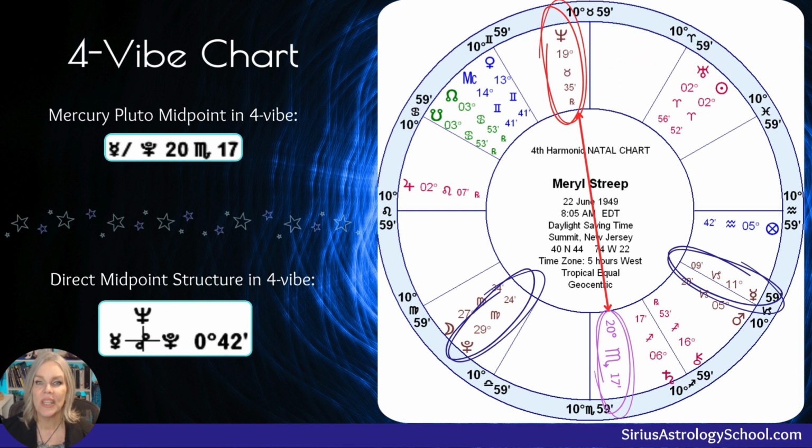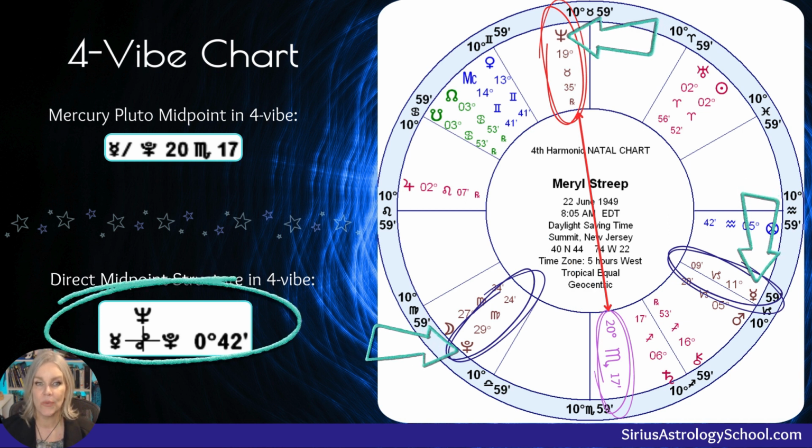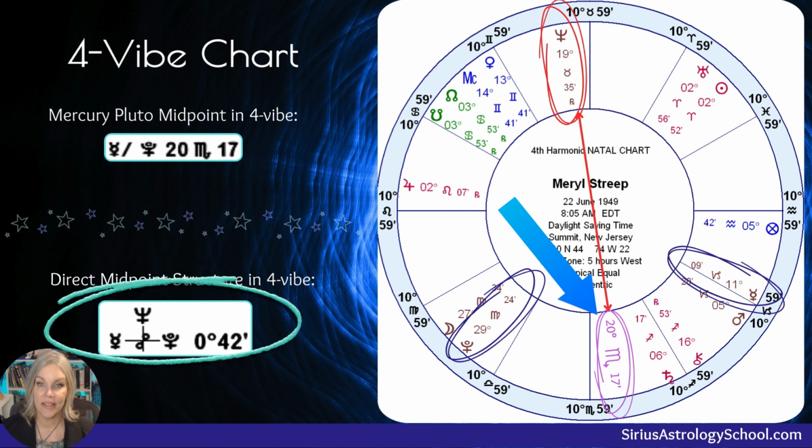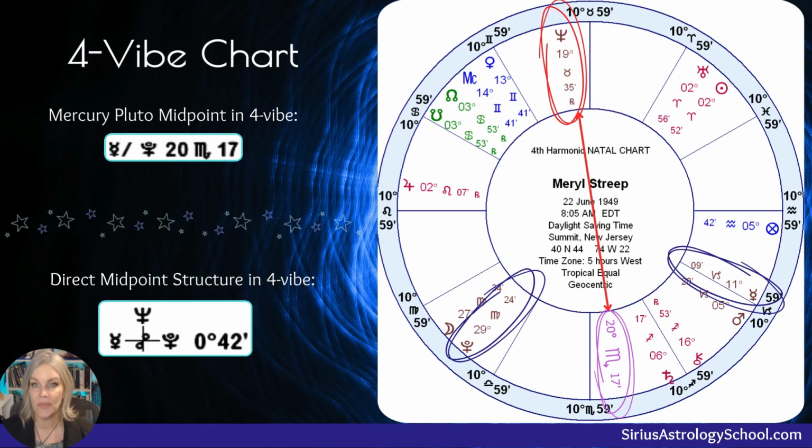So this is really interesting because it has a 42-minute orb. If you do the math, it has a 42-minute orb. And this is the midpoint between Pluto and Mercury. This midpoint is a resonance between these 3 planets. Also, if you have a transiting planet that hits this midpoint here, it makes this whole thing light up in terms of resonance.